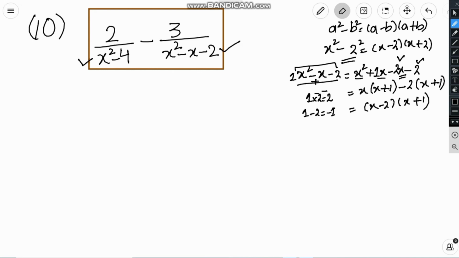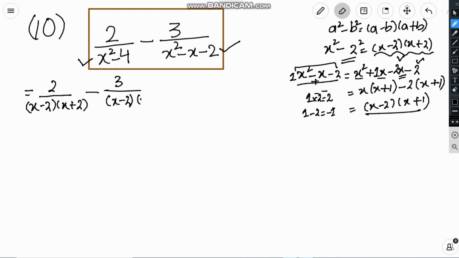Now replace your first denominator with its two factors, x minus 2 and x plus 2, minus 3 over x square minus x minus 2, which is replaced with x minus 2 and x plus 1.